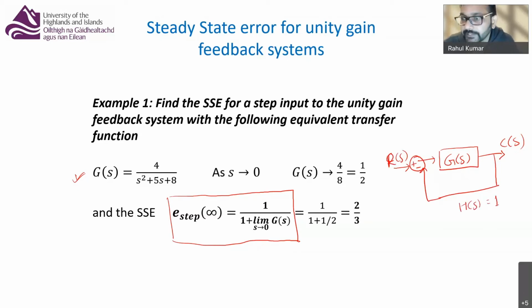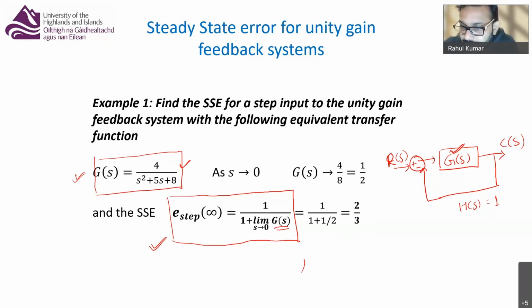It is unity here. Okay, and G of s is given. I have already developed the formula for steady state error for step input. I just have to substitute G of s in the formula, right? So simple substitution.